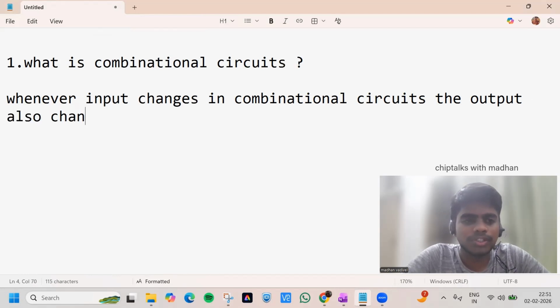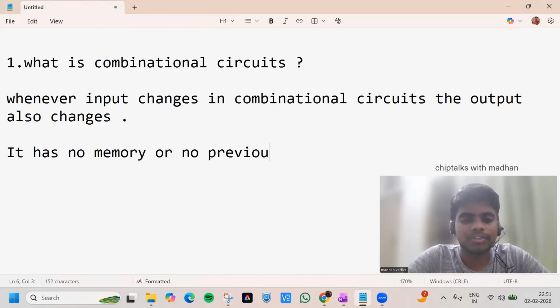This is the first point. And it has no memory, or we can say no previous state. These are the two points.